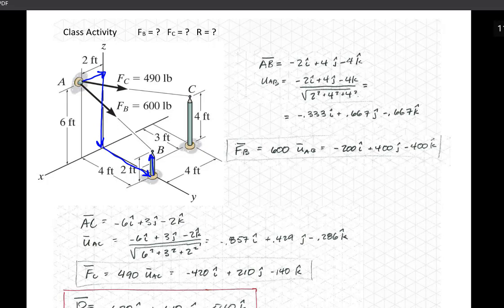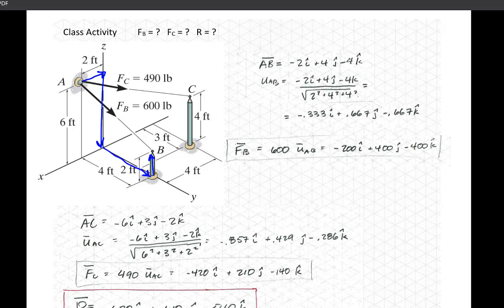So you add those together, we'll get negative 2i, positive 4j, and then negative 6 plus 2 is negative 4k. So there's our vector description of AB divided by the magnitude. There's the unit vector. Multiply it by the magnitude of the force, and you get that as the total force.